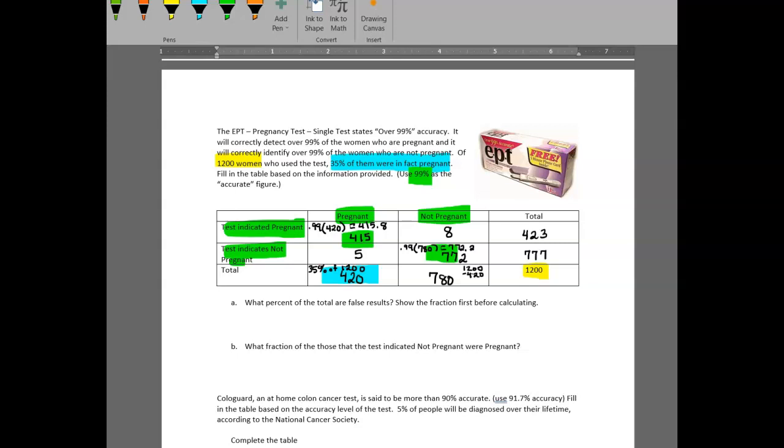So what percent of the total, so the total is 1,200, are false results? So our false results come from that the person is pregnant and the test said, no, it's not. So that's a false negative.